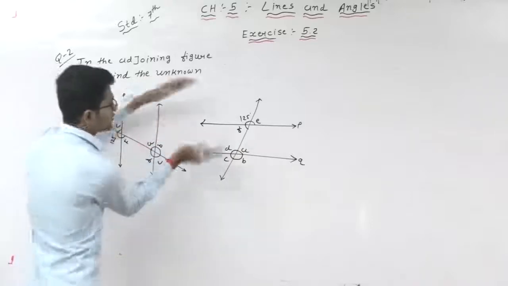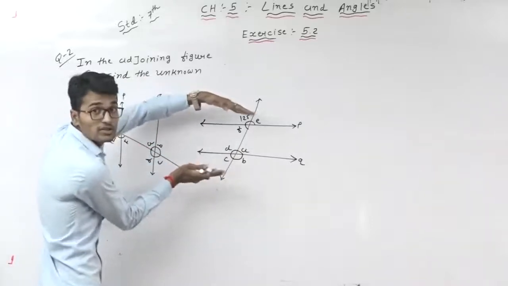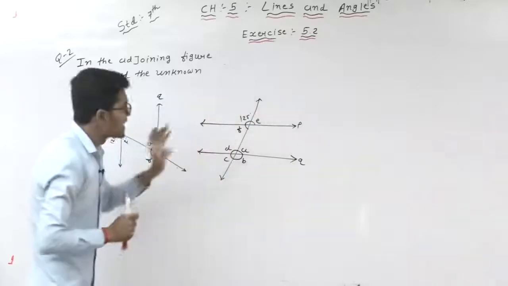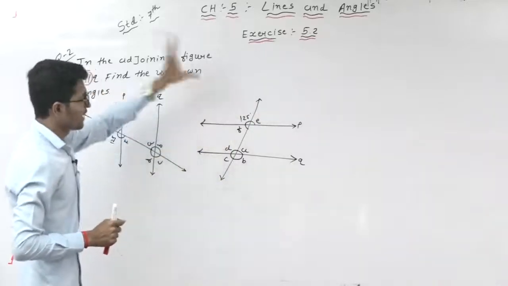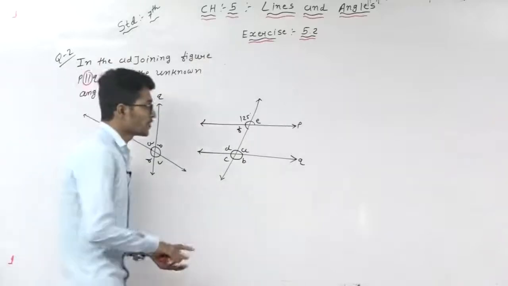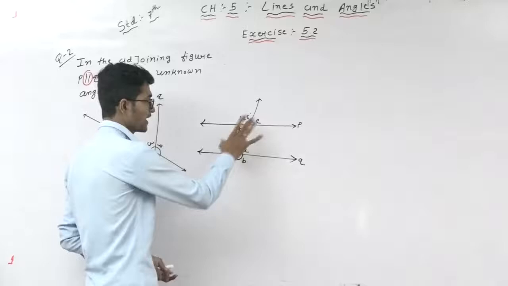You can also draw it this way. Now see this figure and find the unknown angles A, B, C, D, E and F.